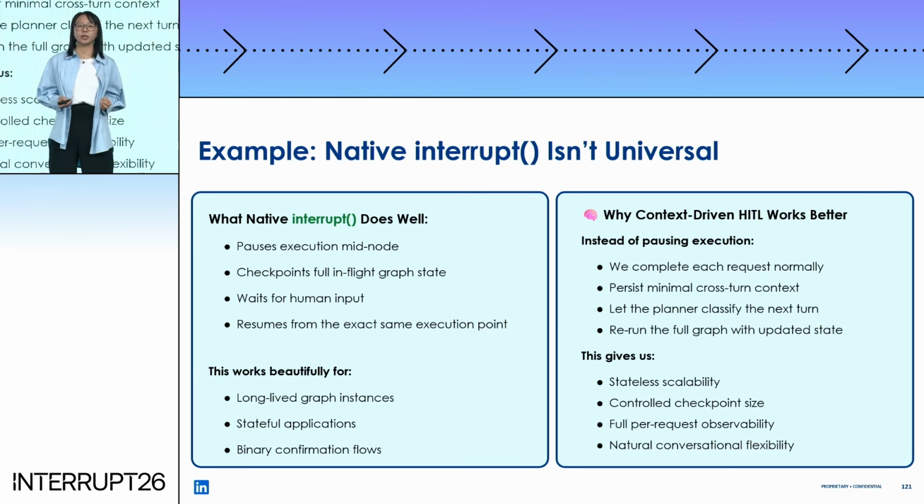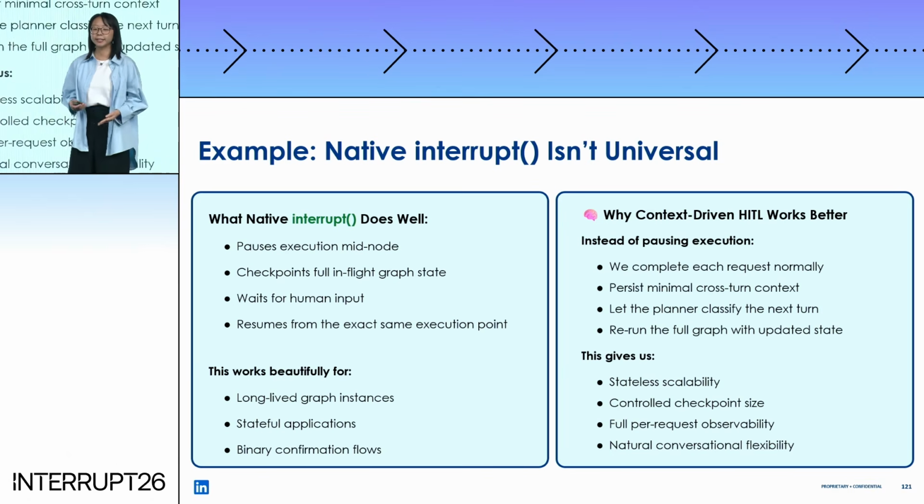When the next message comes in, our planner sees, is it relevant to the suggestion? Do we confirm it, reject it, or pivot to something else, meaning we wait for the context to expire. This approach gives us stateless scalability, full request tracing, and keeps our conversation flexible.